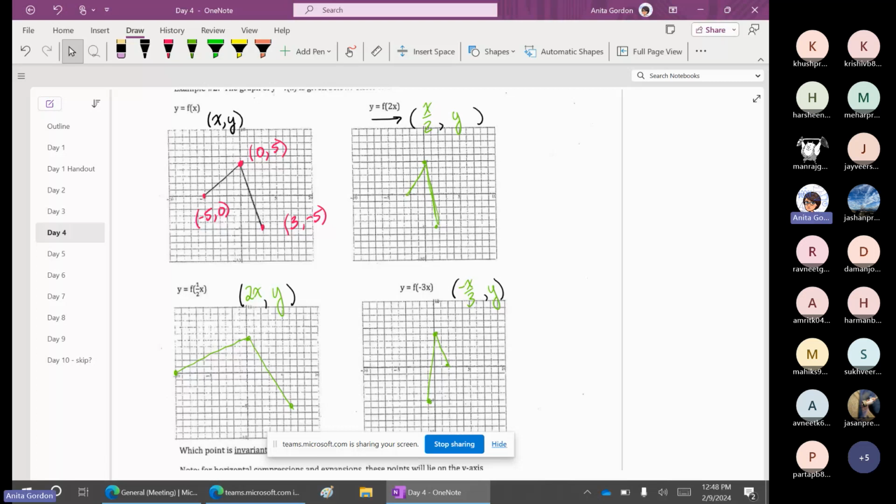I can't use a ruler on this thing, so my lines are a little bit crooked, but hopefully you can see most of it anyways.